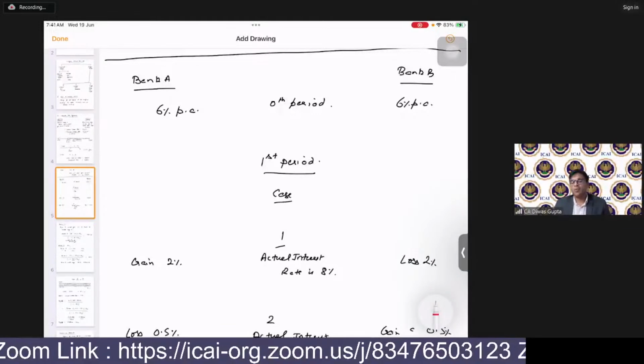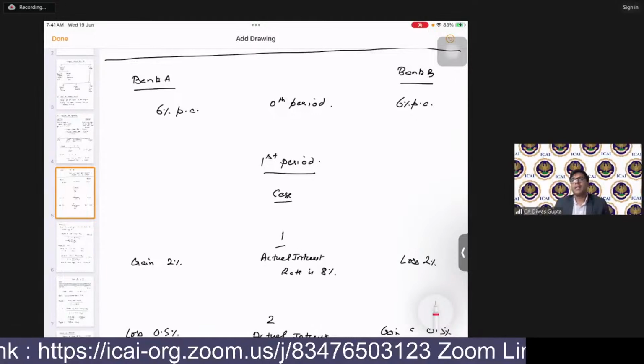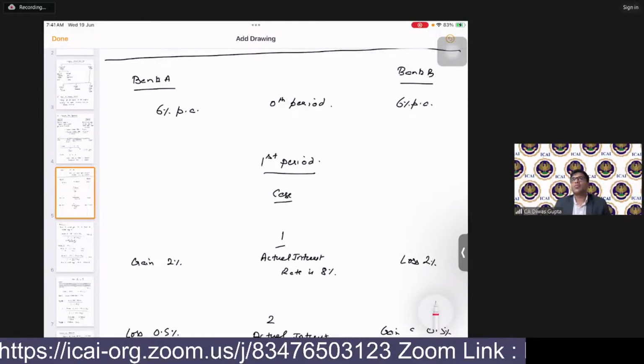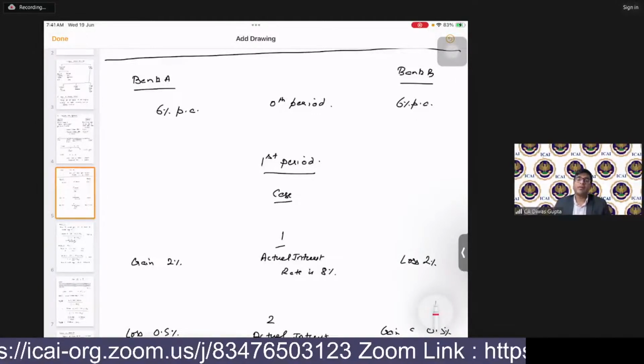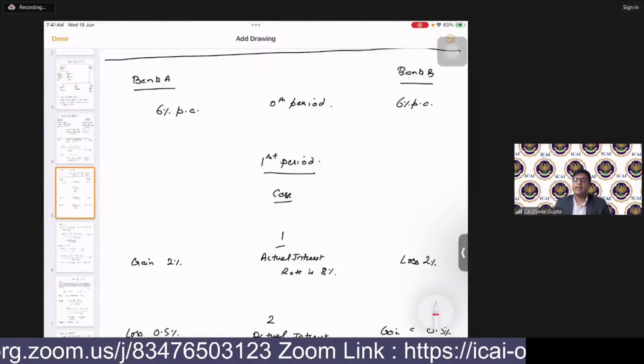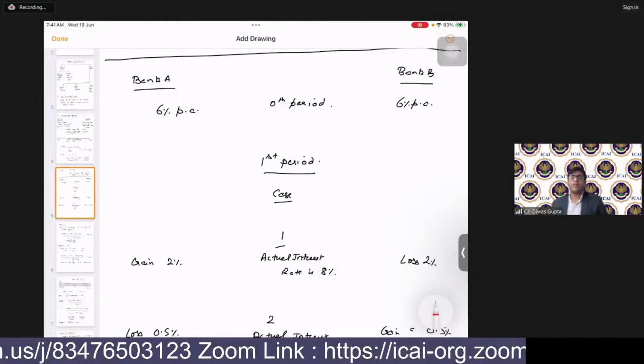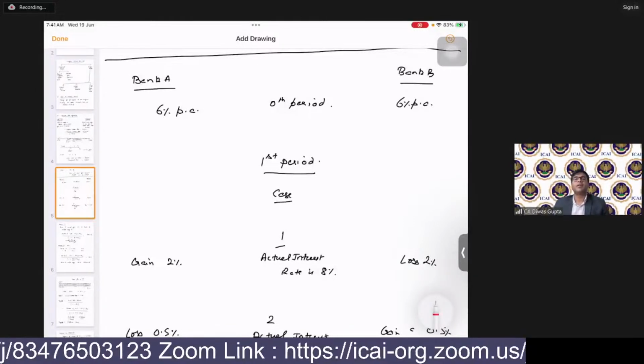Bank A needs to borrow, Bank B needs to invest. But both of them need to borrow or invest for 3 months after 1 month. And let's say they said that our 1 month forward rate is around 6% per annum.